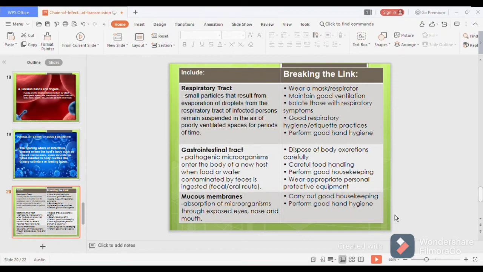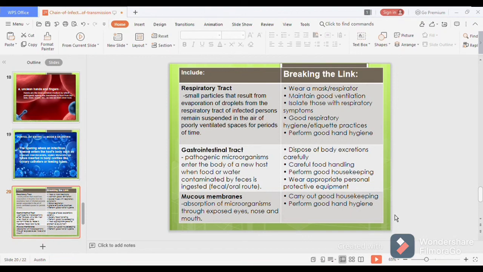So last is the mucous membranes. Absorption of microorganisms through exposed eyes, nose, and mouth. So ang mga microorganisms and bacteria or virus na mas dali siya maka-pass through sa carrier. For example, sa imong face, dira jud mas kasagaran mag-reproduce if ikaw dili ka naga personal hygiene.